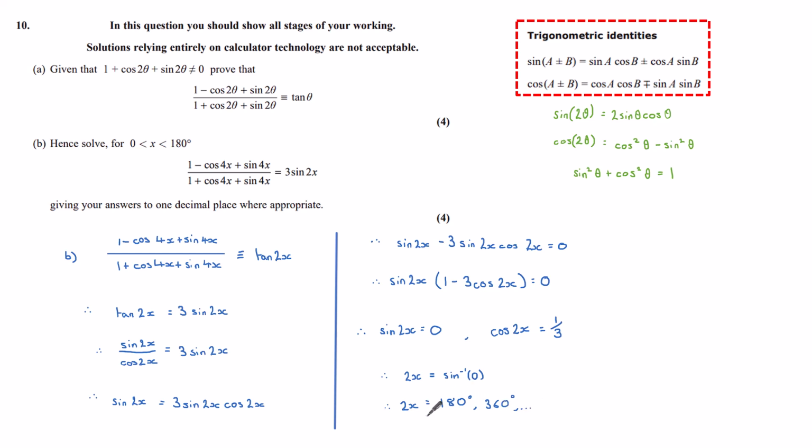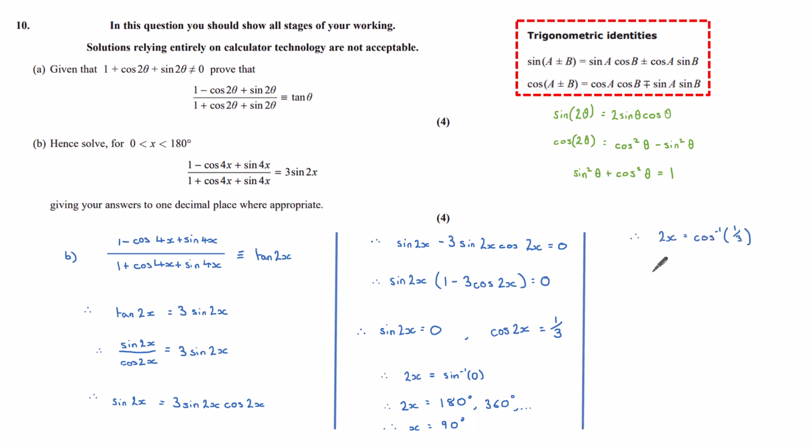The first value given to me on my calculator is 180. I know my sine curve to repeat for 0 every 180 degrees, but I am only interested in the x values between 0 and 180, and so since the 360 would halve to 180, it is outside my range, and so solving the sine 2x equals 0, I get the one solution of x being equal to 90 degrees.